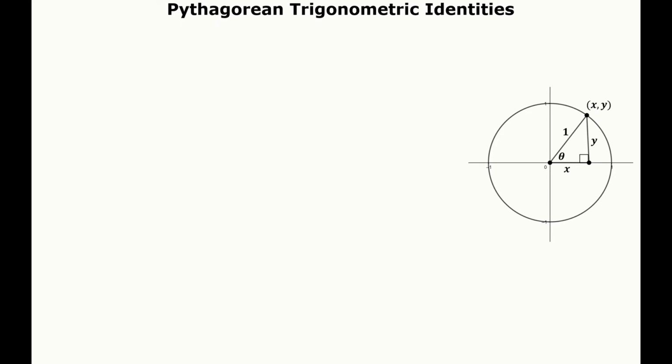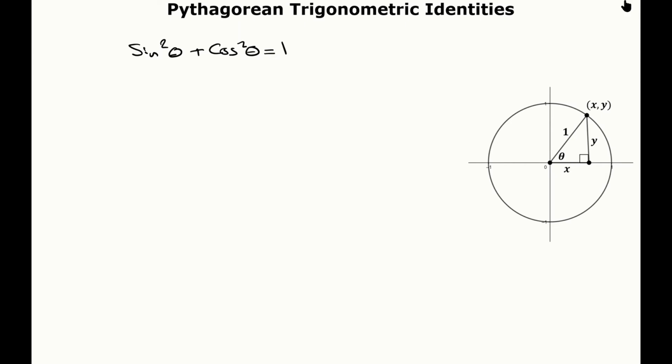Next, we're going to look at what are known as Pythagorean trigonometric identities, and they all start with sine squared theta plus cosine squared theta equals 1, which we've seen previously.